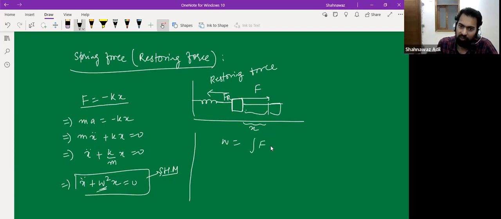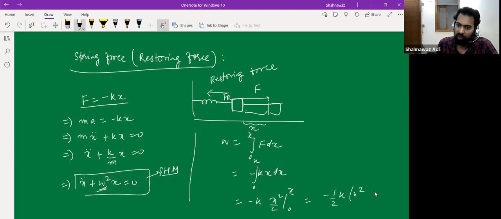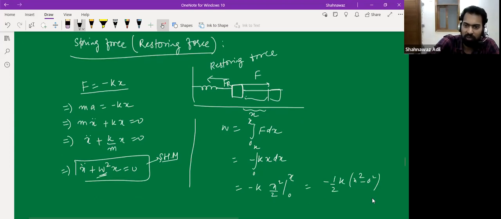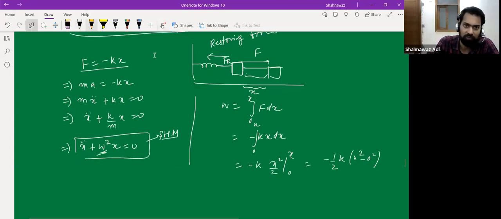This will be the integral of F dx from 0 to x, and your F is minus kx, so this becomes minus k times x square by 2, which is minus half k times x square minus 0 square.